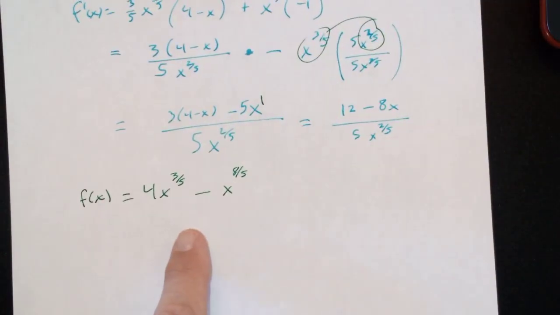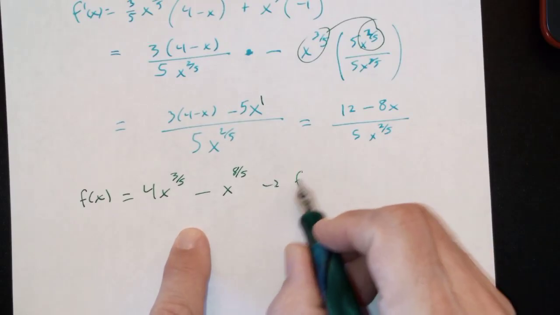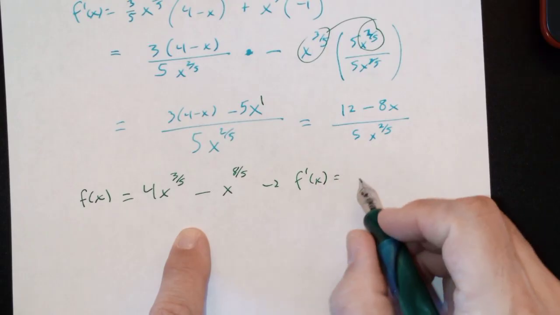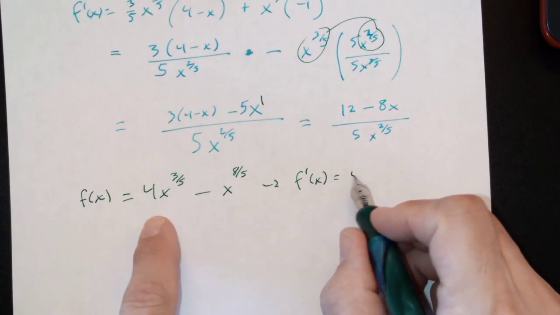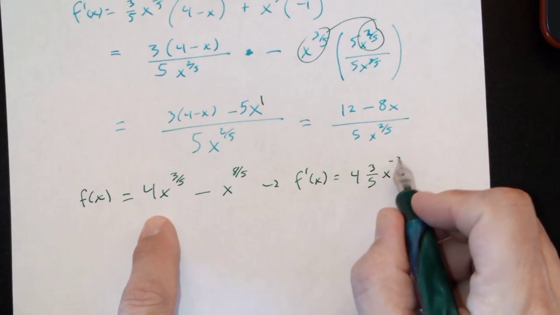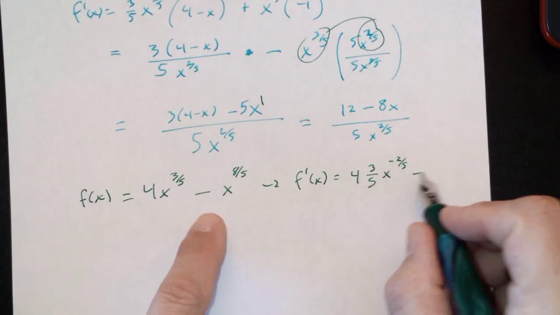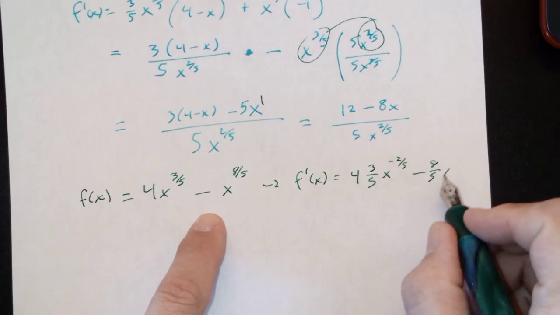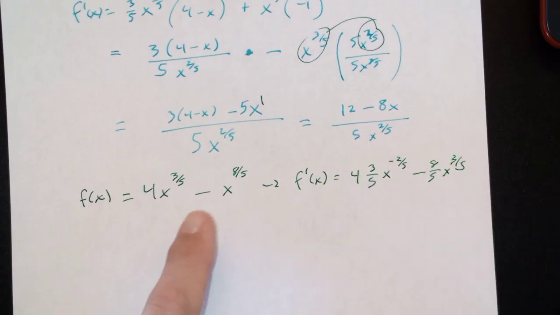If I do this first, I don't need the product rule. I don't need the product rule if I do this first, because here, what's f prime? It's 4 times 3/5 x to the minus 2/5, and then minus 8/5 x to the 3/5.